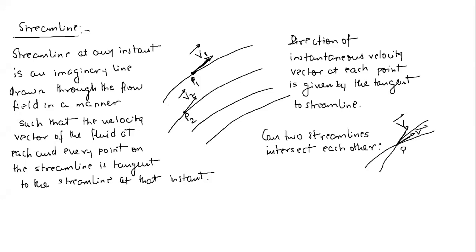Now, at point P, we have two directions of velocity, which is not possible. So that's why two streamlines cannot intersect each other.